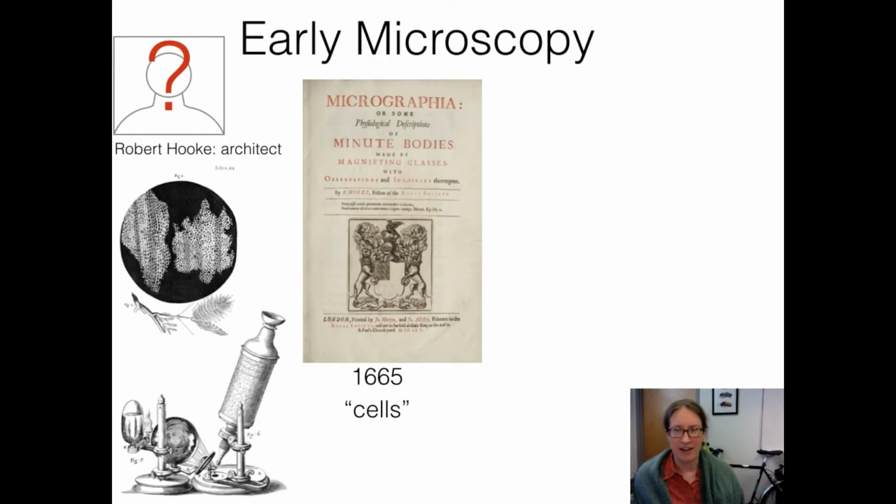So one of the guys who was getting really popular for his drawings of tiny things was this guy, Robert Hooke, who is also an architect. We don't have any pictures of what he looks like, so we just have to imagine that he's a pretty cool dude. So he was a guy who one day happened to stare at some pieces of cork and saw that the cork had a very uniform appearance consisting of a bunch of tiny chambers.